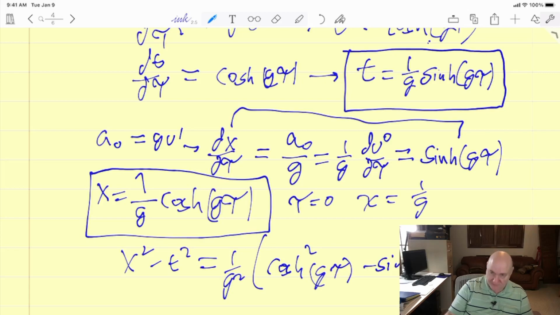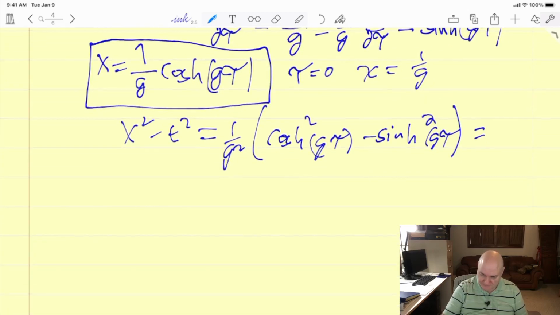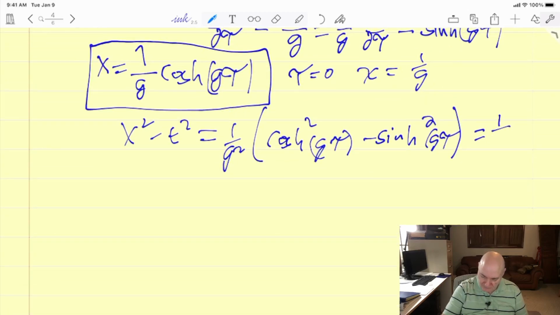If you remember your hyperbolic identities, this is equal to 1. So this is just equal to 1 over g squared. So this is the equation of a hyperbola in xt space.